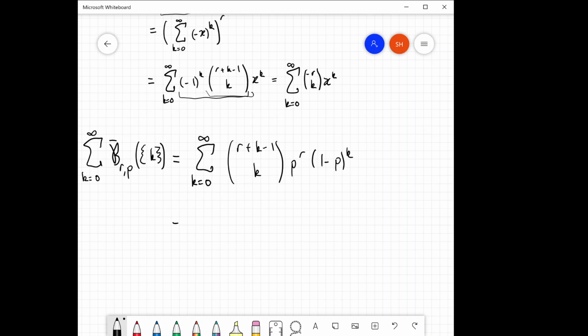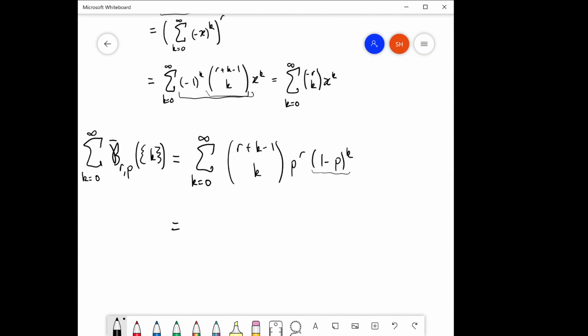Okay, well, we can pull out a negative 1 to the k from here. The sum k equals 0 to infinity of minus 1 to the k, r plus k minus 1, choose k. I'll just pull the p to the r out the front too. And then this is going to be p minus 1 to the k.